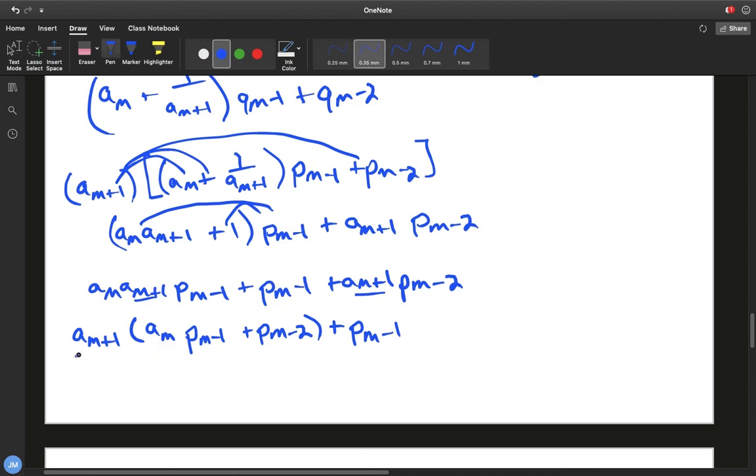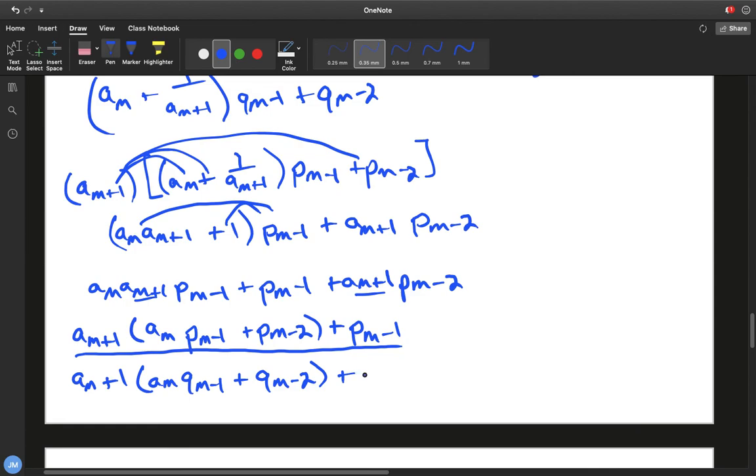Now, doing that same process for the denominator will get you the exact same setup, just with q's instead of p's. So you'll have a sub m plus 1 multiplied by a sub m q sub m minus 1 plus q sub m minus 2, plus outside you'll have a q sub m minus 1.